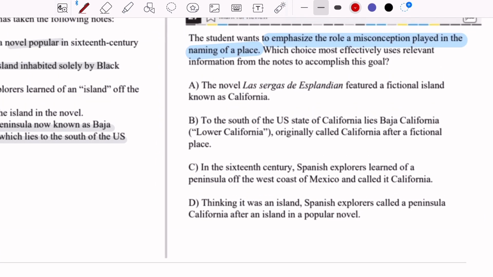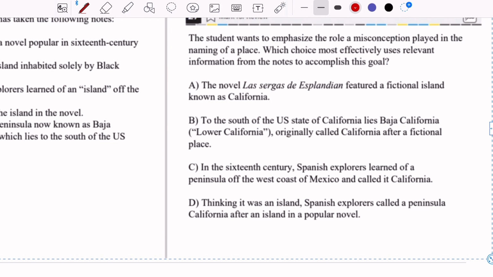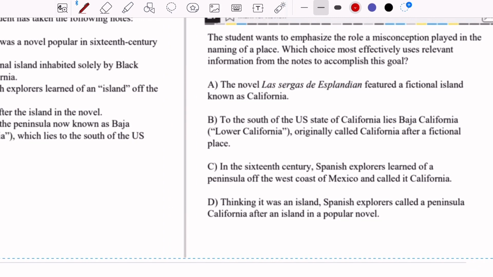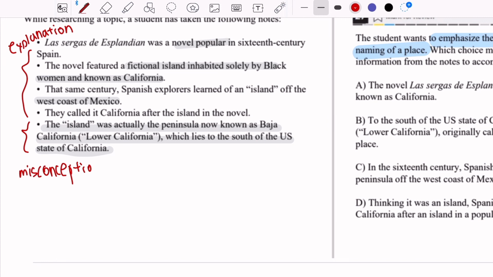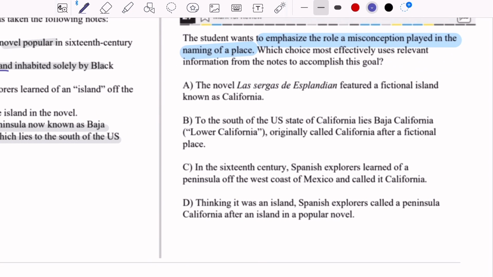Okay, option A. The novel Las Sergas de Esplandián features a fictional island known as California. Okay, so yes, it's a fictional island. It is true, but it doesn't focus on emphasizing the misconception at all.